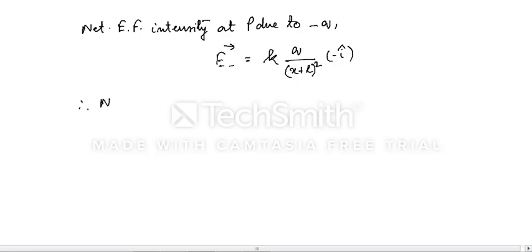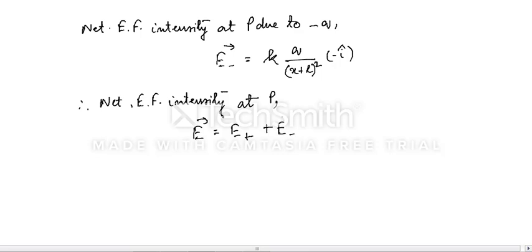Therefore, net electric field intensity at P, E is equal to E plus plus E minus.